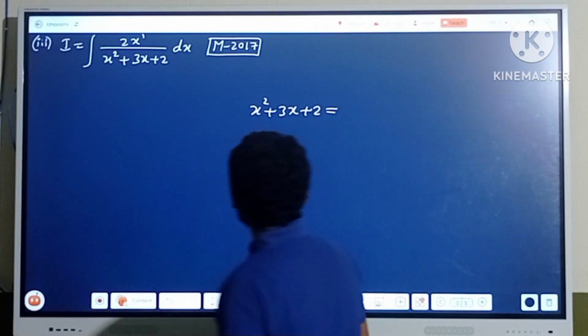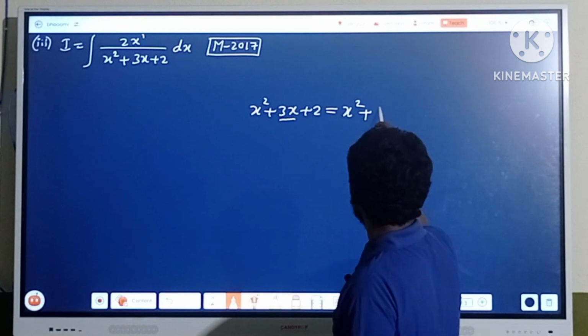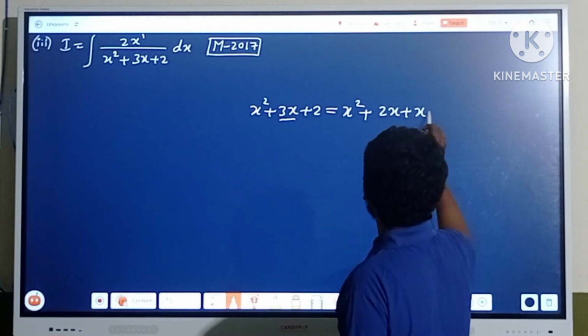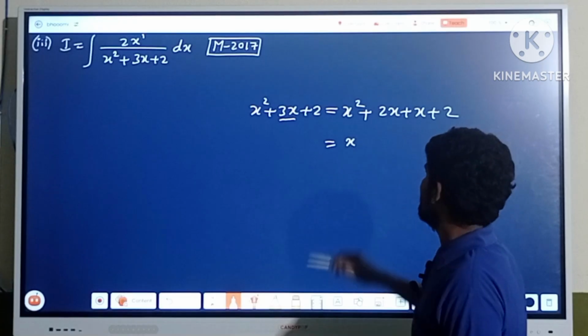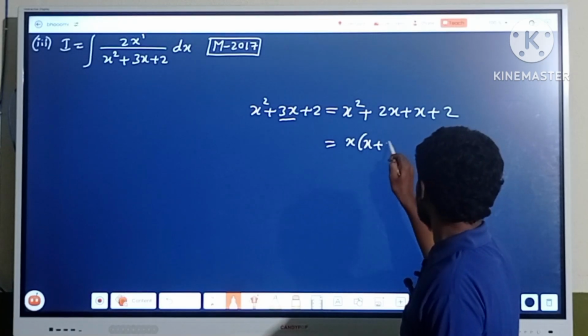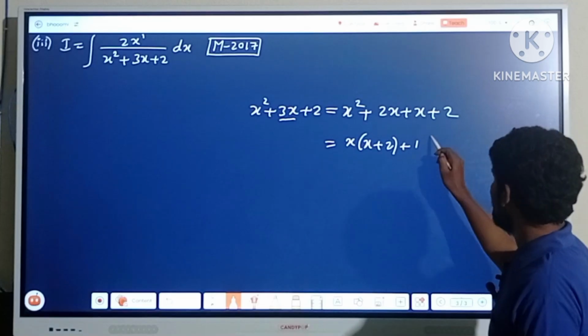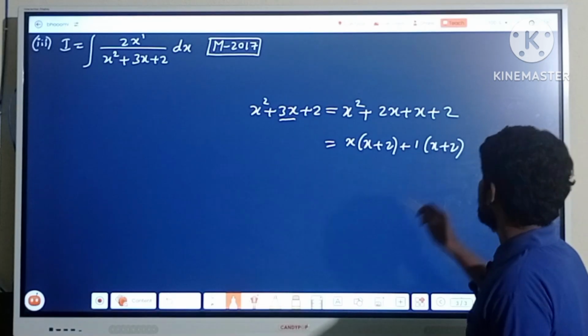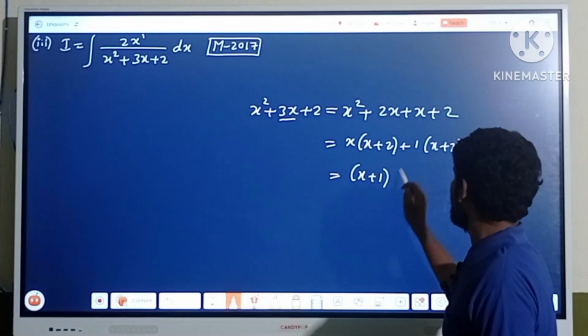Now this can be factorized as x square plus 3x can be expressed as 2x plus x plus 2. Now in the first two terms we can take x as common, remaining x plus 2. In the next two terms we may take plus 1 as common, remaining x plus 2. So again, between these two terms, x plus 1 is common, remaining what?